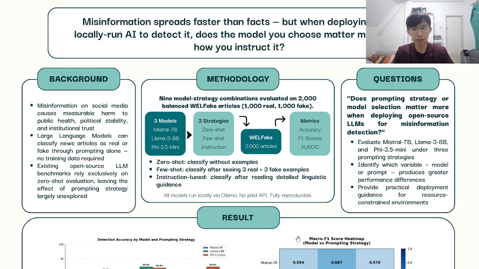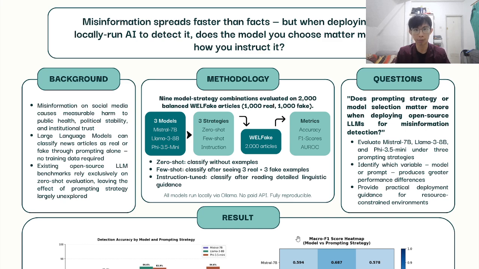Misinformation has caused a lot of harm in a lot of sectors in our life, and that's where large language models, or as we know them, AI, can classify news articles as real or fake through prompting alone, without any training data required, because they were already trained beforehand. But the problem is that existing open source LLM benchmarks rely exclusively on zero-shot evaluation.